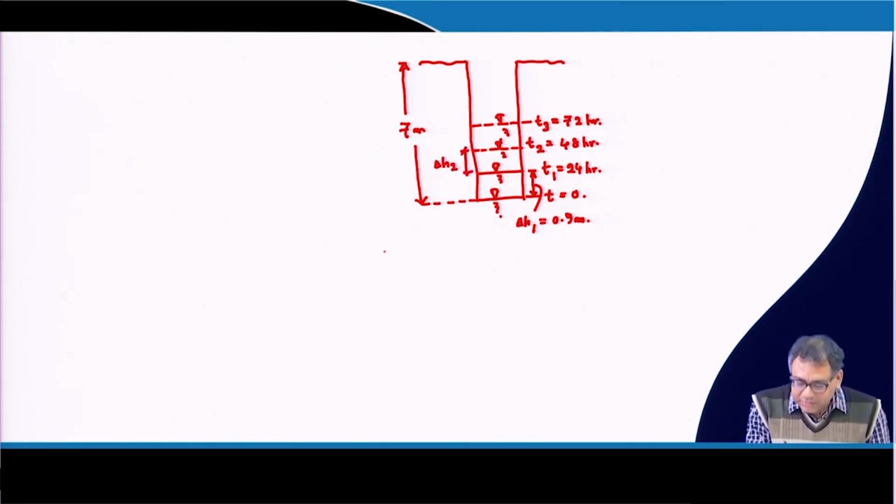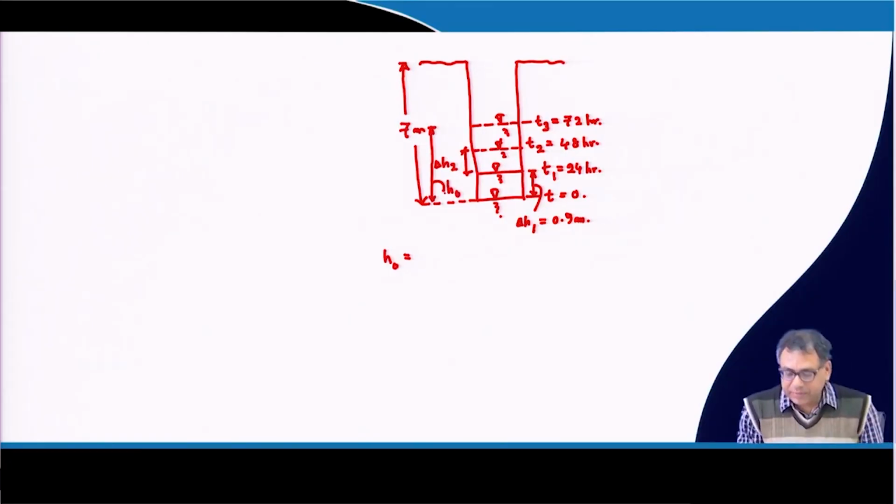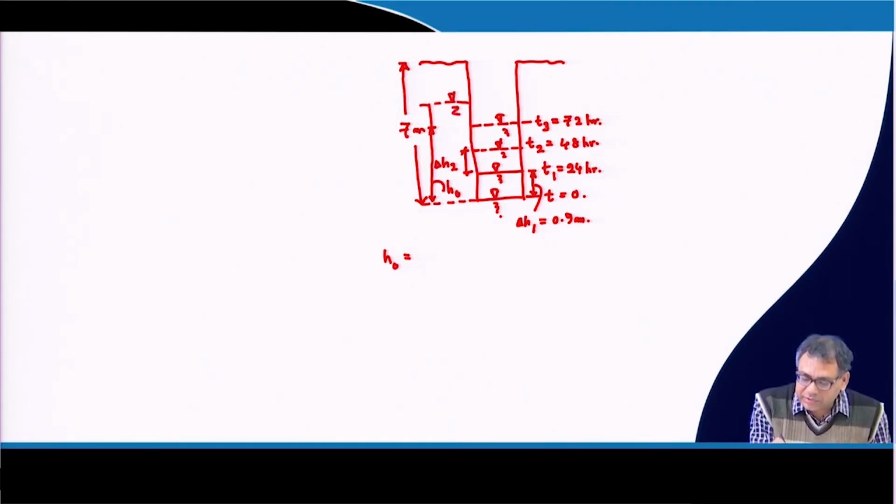Okay, so now we will get h0, which is from the base to the water table position. Suppose this is the water table position. So, this is h0, which is the water table position from the initial water position at the borehole.